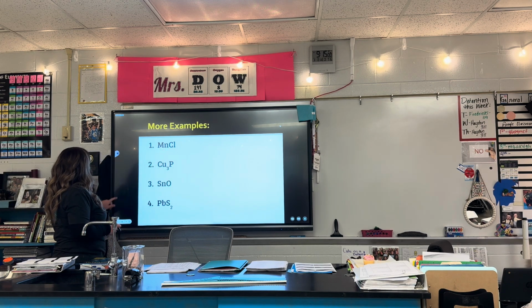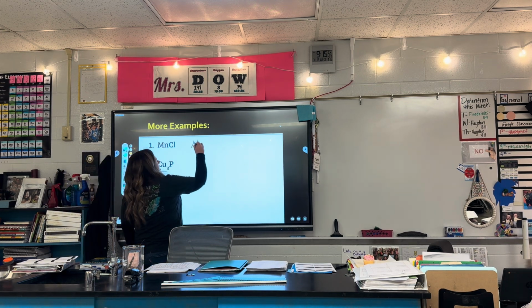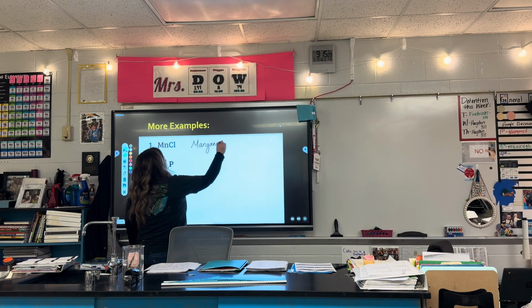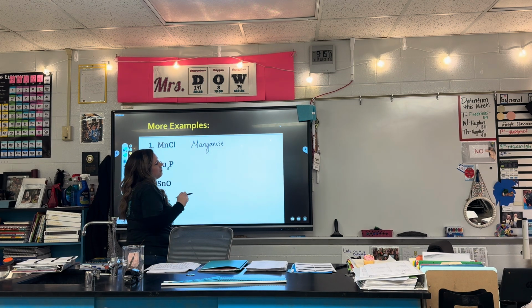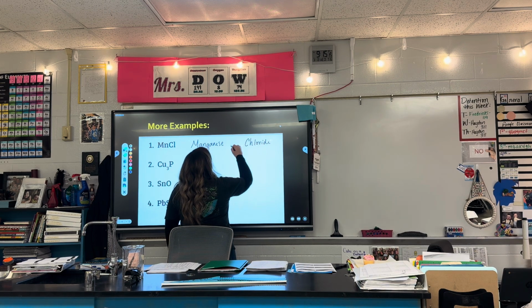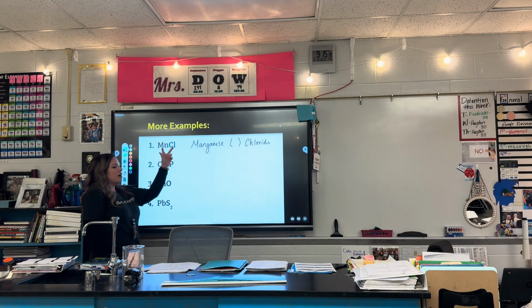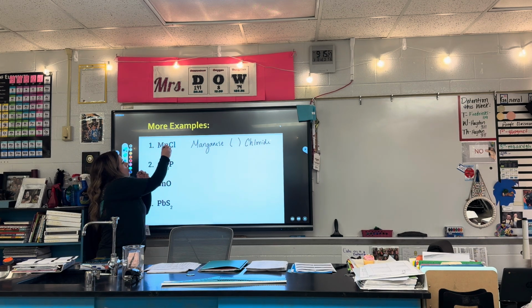Alright, so what is the name of Mn? Manganese. Alright, and what's chlorine going to become? Chloride, so we know that part, but we got to find the charge to put right here in the middle. So we're going to uncross. What are my subscripts right now? 1s.